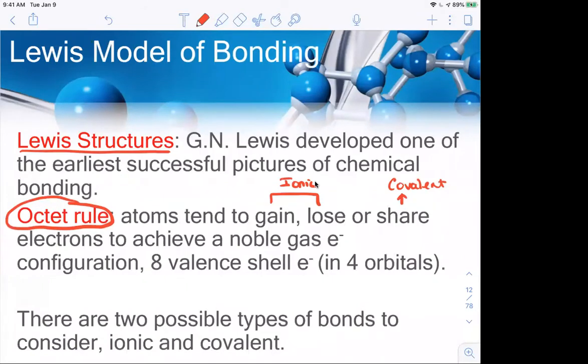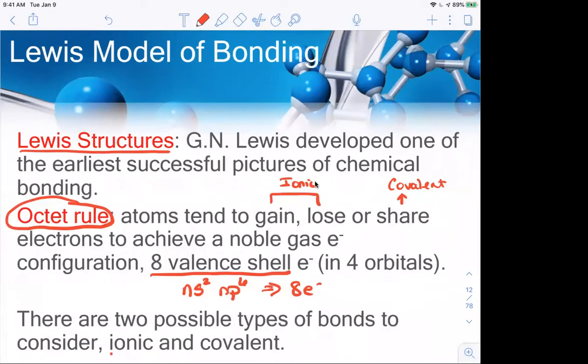And the number of electrons that are gained, lost, or shared allows the atom in question to achieve a noble gas electron configuration, or to have 8 valence shell electrons, which means my s shell and my p shell is going to be filled.